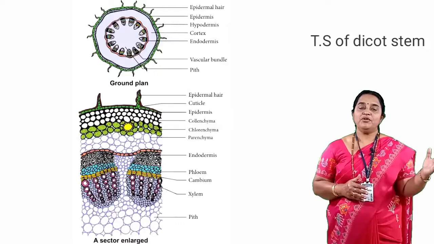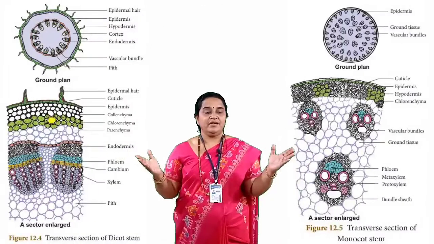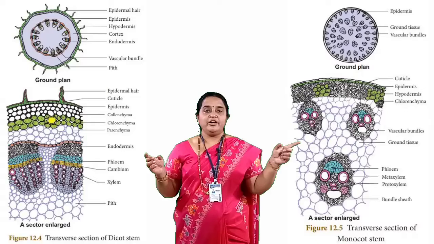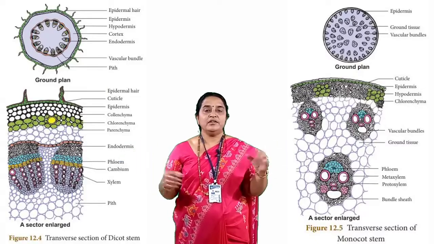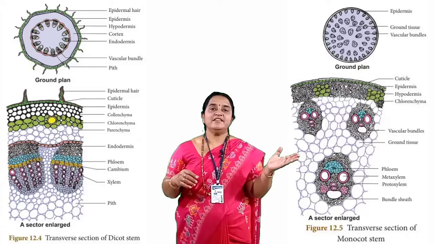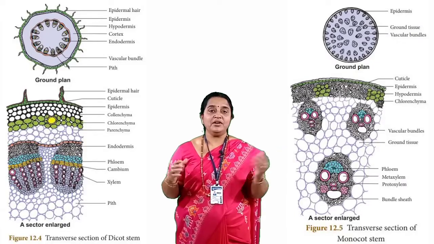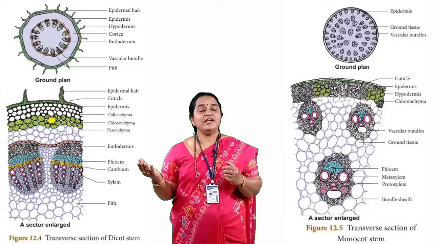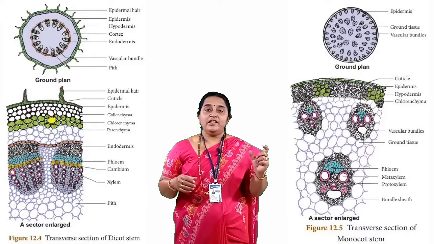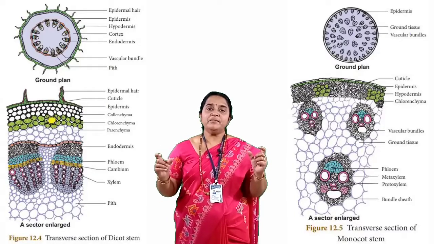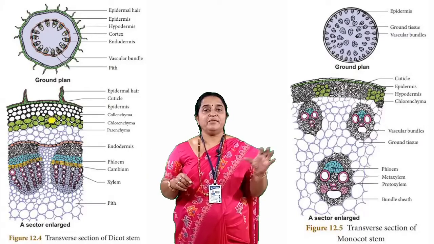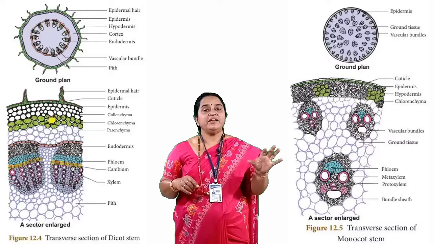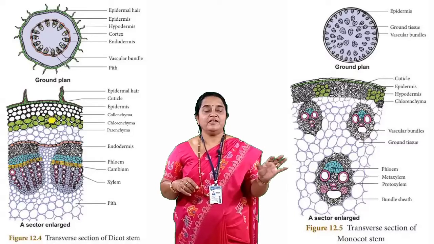Now when you compare monocot stem and dicot stem, epidermis without trichomes in monocot, epidermis with trichomes in dicot. Here hypodermis is sclerenchymatous in monocot, here hypodermis is collenchymatous. Cortex, endodermis, stele region is differentiated in dicot stem, while ground tissue remains undifferentiated in monocot stem.